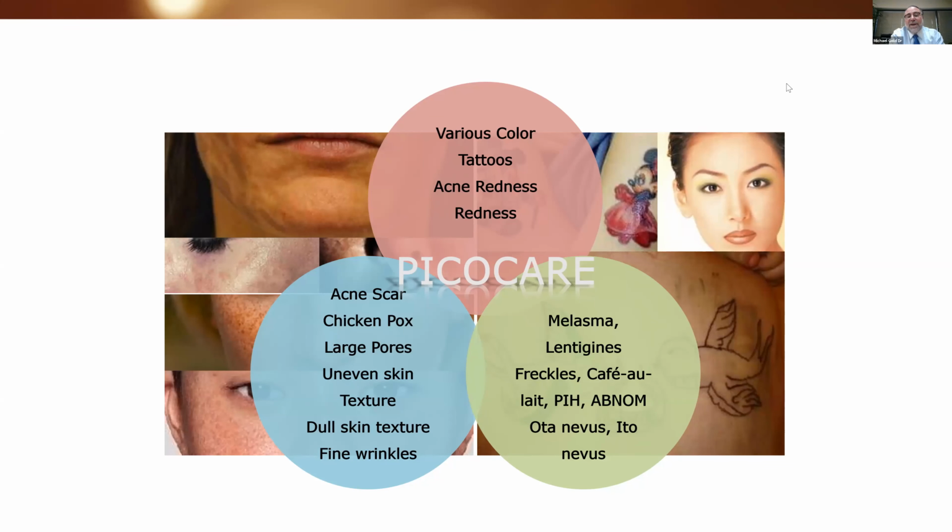This is a slide that shows the different things that we can use this with, which is really nice because in your countries, you may have more of one thing than the other. You see a lot more of the nevus of Ota and Ito than I might see in my practice.